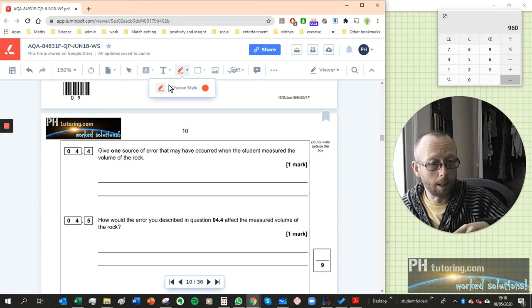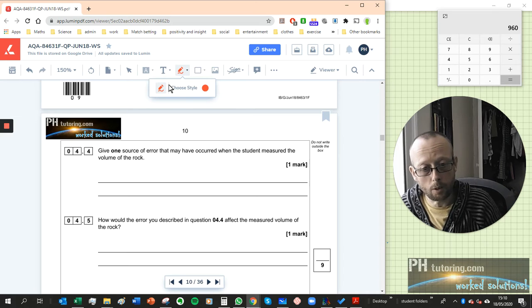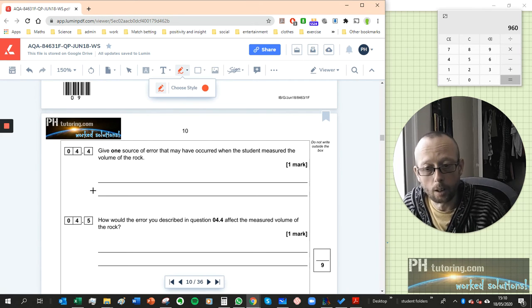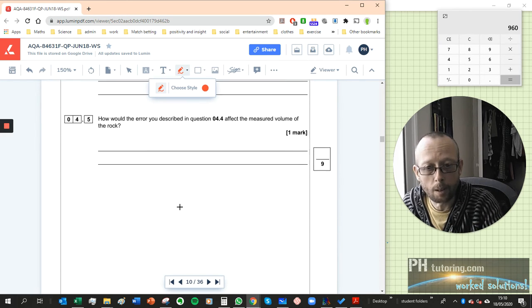So when you put the rock in, the water hasn't completely submerged the rock. So that would give you an inaccurate amount of volume. Okay, so you can't talk about the mass. So any of those things and many others that you could think of.